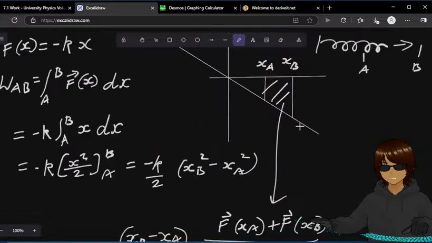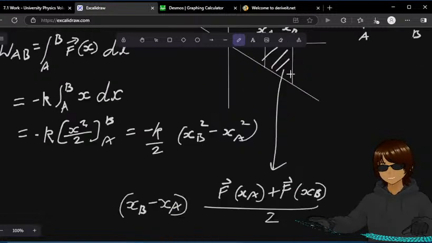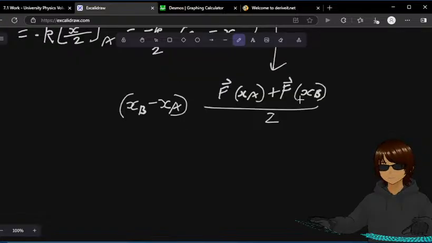So this plus this divided by 2 times this. That's the area of a trapezium.